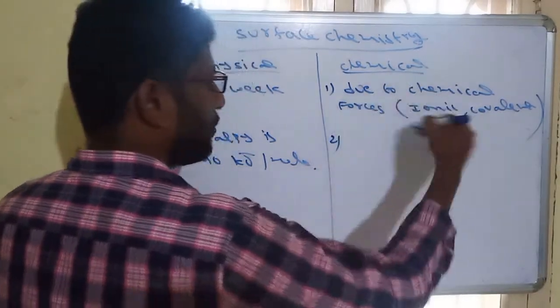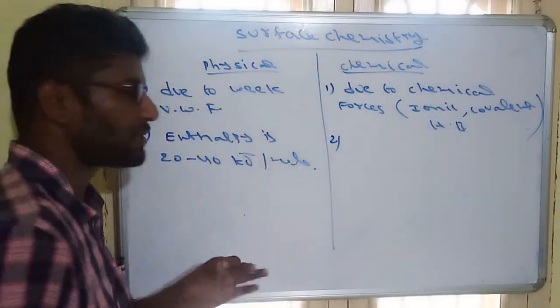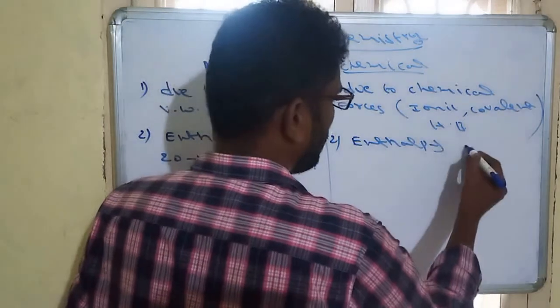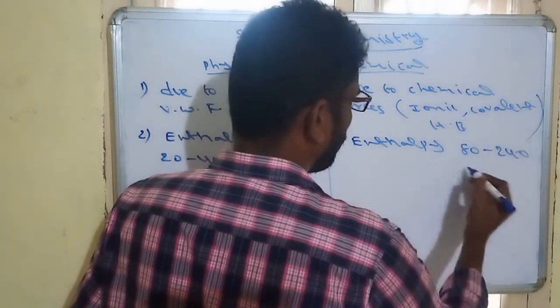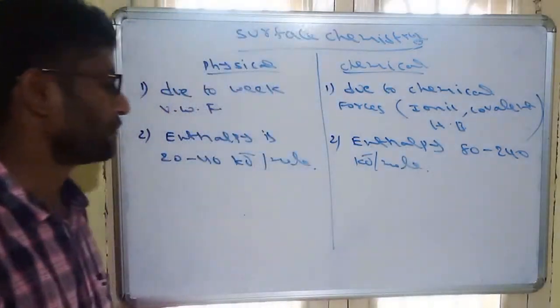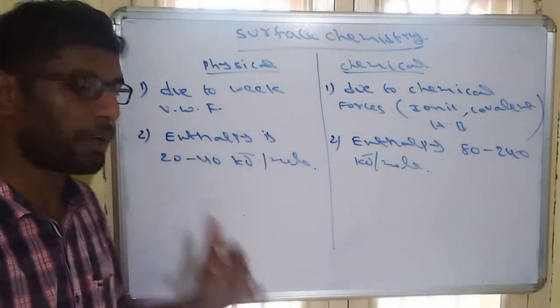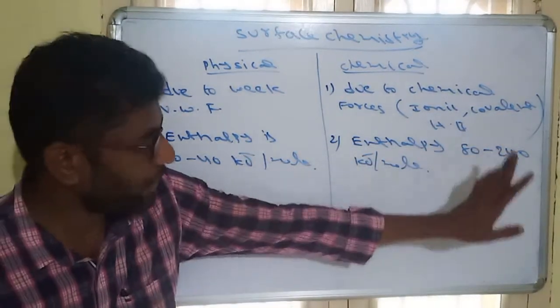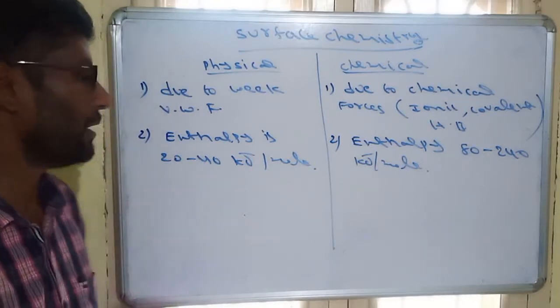But we know that chemical bonds are strong when compared with van der Waals forces. Here the enthalpy will be nearly 80 to 240 kilojoule per mole. In physical adsorption, very little energy is released. In chemical adsorption, a high amount of energy, 80 to 240 kilojoules, is released.